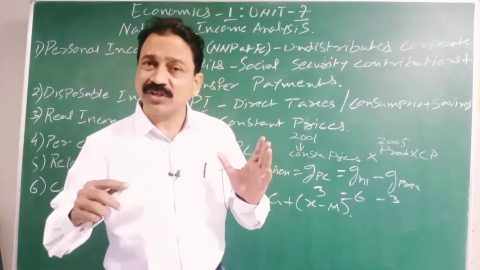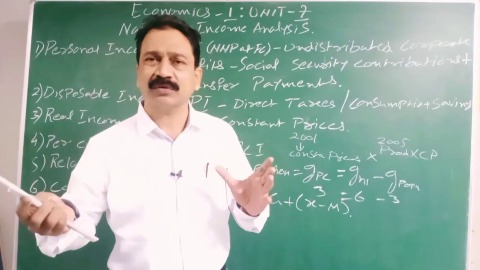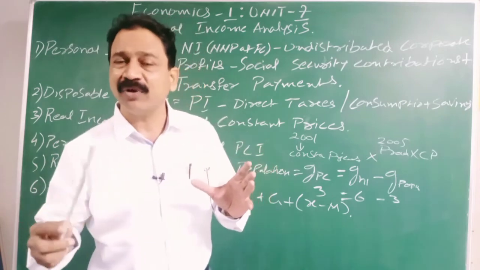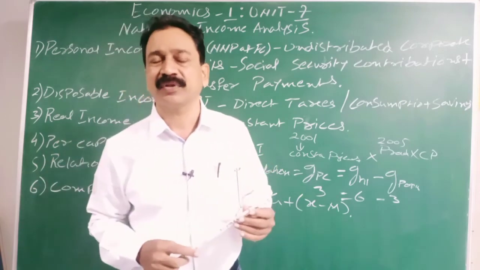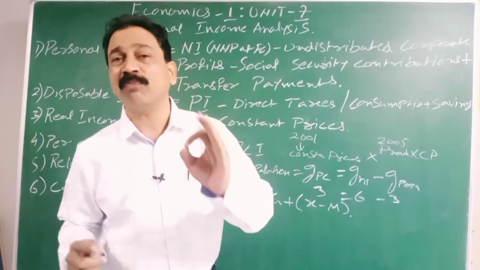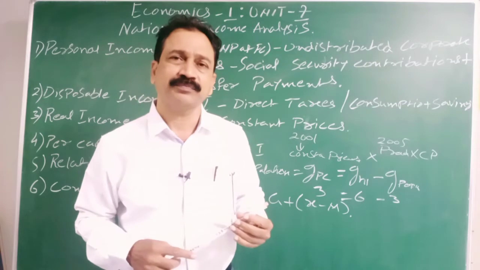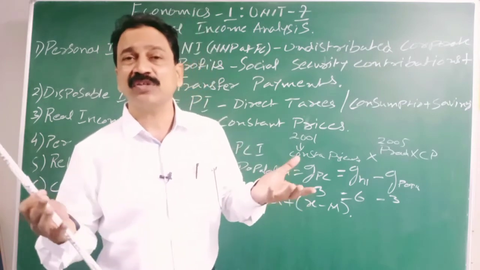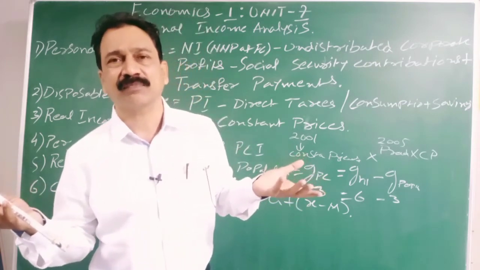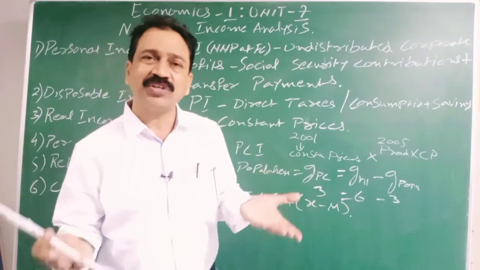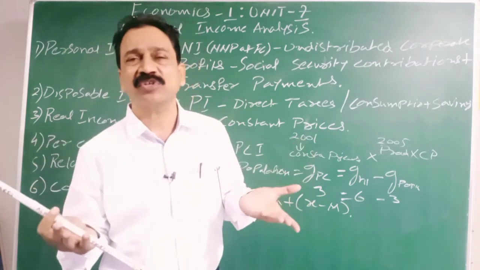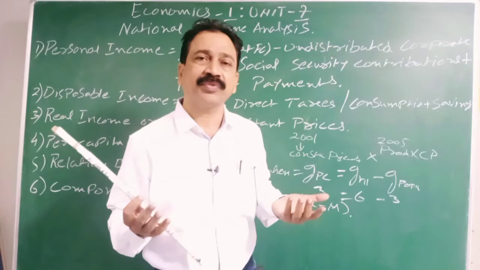National income increased many folds, but at the same level per capita income is not increasing. It is due to only one reason, that is population explosion, which you will see in the second year. Population has increased plenty of times. That's why even though national income is increasing, per capita income is not increasing to that level.